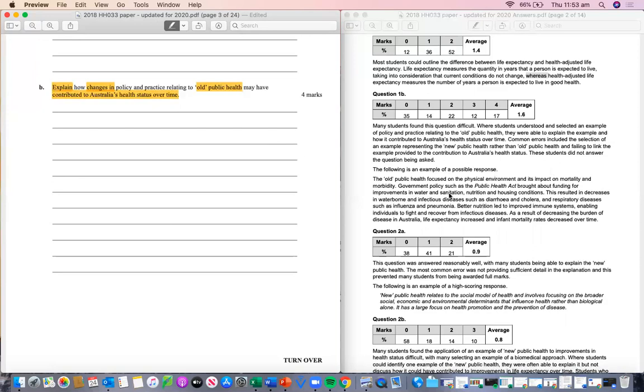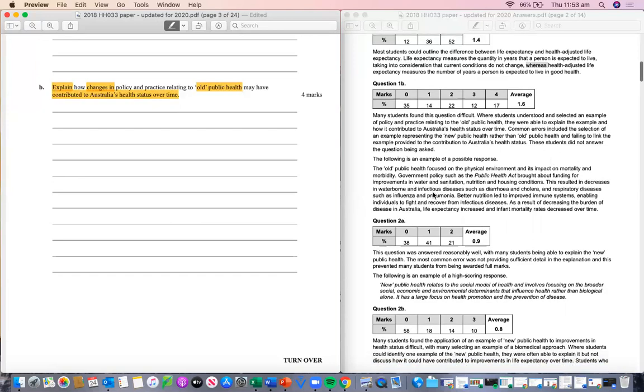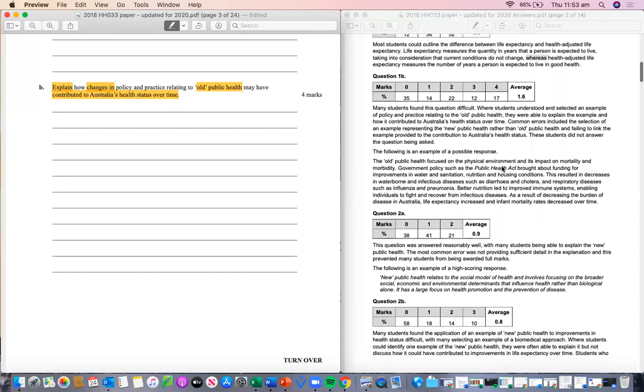So again, if you look here at the following example, it says the old public health focused on the physical environment and its impact on mortality and morbidity. Government policies such as the Public Health Act brought about funding for improvements in water and sanitation, nutrition, and housing conditions. This resulted in decreases in waterborne and infectious diseases such as diarrhea and cholera, and respiratory diseases such as influenza and pneumonia.